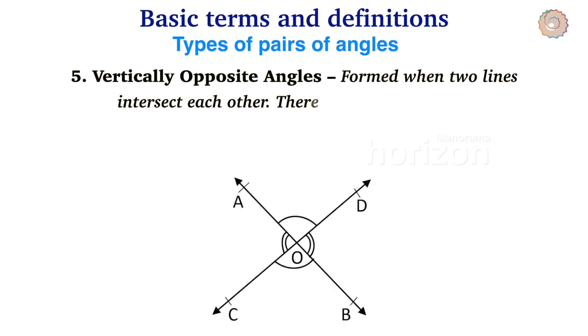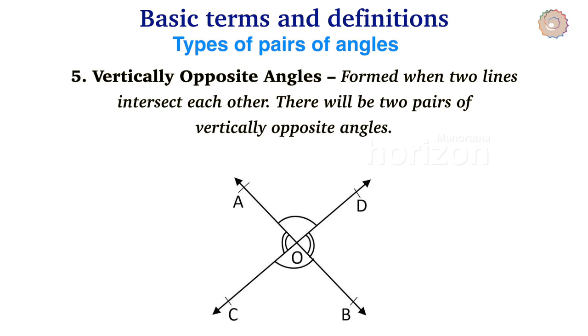And finally we have vertically opposite angles. They are formed when two lines, say AB and CD, intersect each other, say at the point O. There will be two pairs of vertically opposite angles. One pair is angle AOD and angle BOC, and the other is angle AOC and angle BOD.